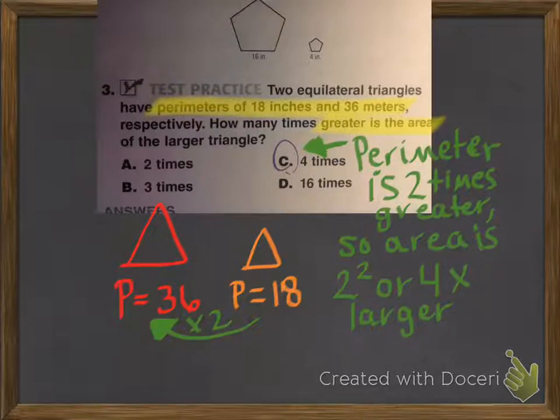Okay, so by changing them, you see that you are multiplying by 2, meaning the perimeter is doubling. How many times greater is the area of the larger triangle? Well, again, you're doubling in size, okay? The perimeter is 2 times greater, but the area is 2 squared, 2 times 2, or 4 times larger. Okay? So you have to be able to describe the effect.